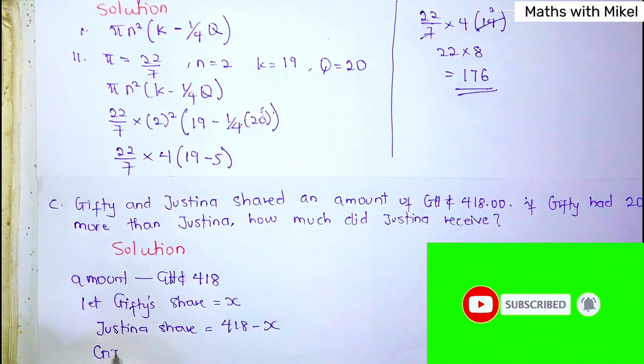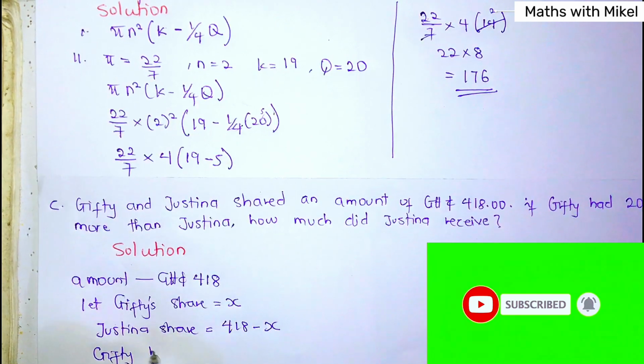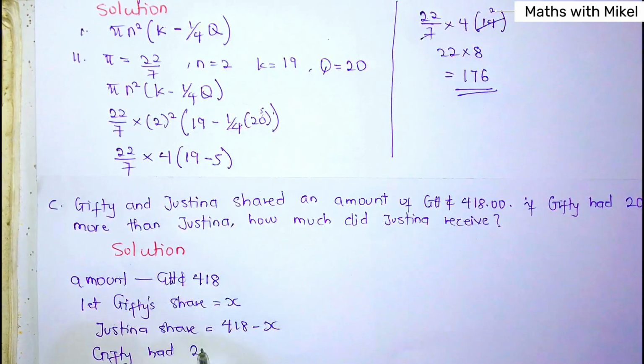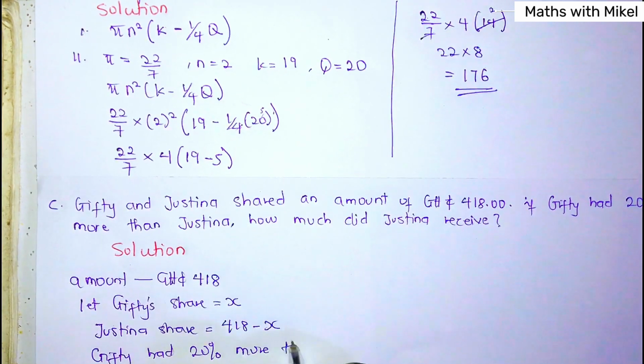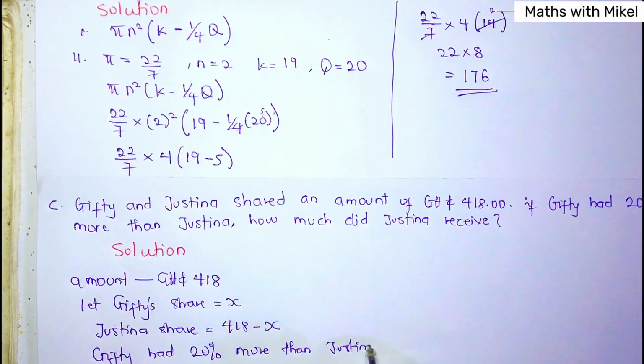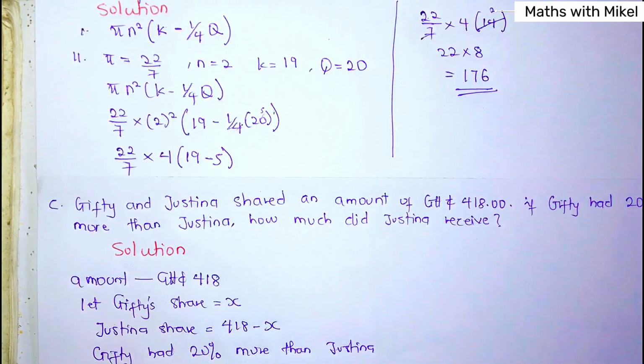And there's another statement that Gifty had 20% more than Justina.